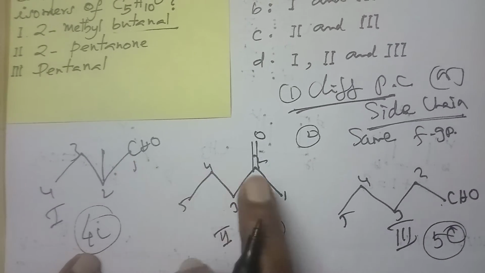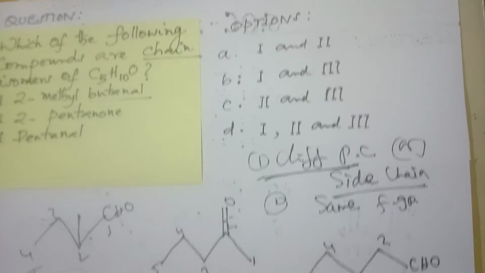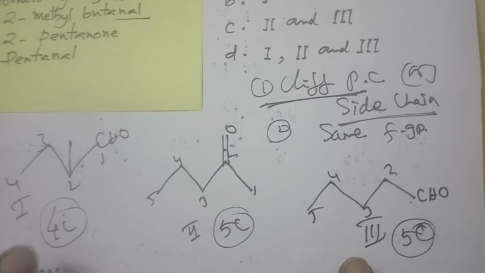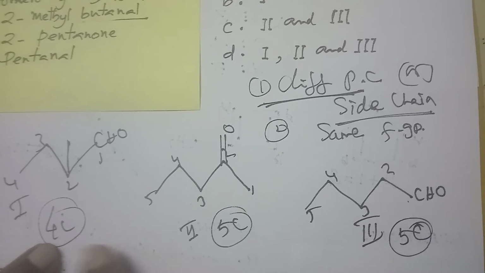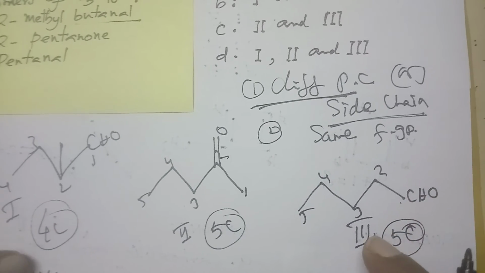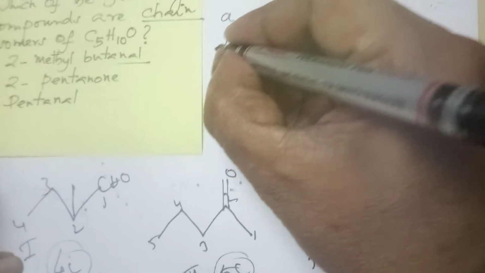One is aldehyde, one is ketone. So it is not correct. Now option B, 1 and 3. Both have different carbon chains, different in the parent chain, which is correct, and the same functional group. So 1 and 3 are the chain isomers. So this is the answer.